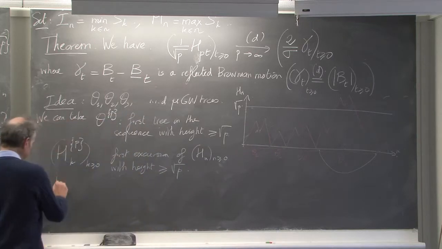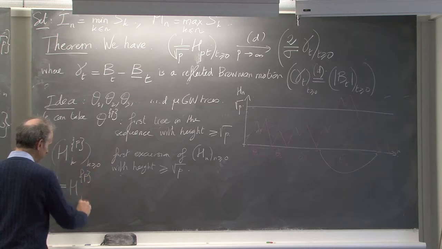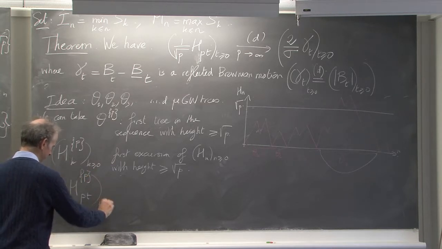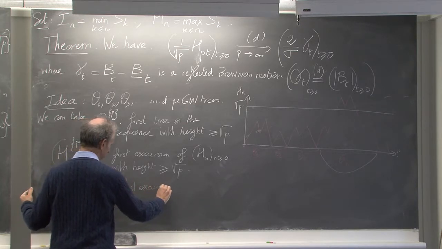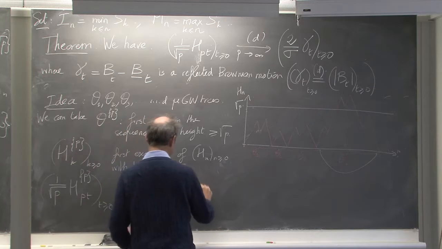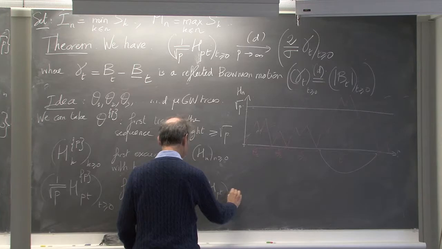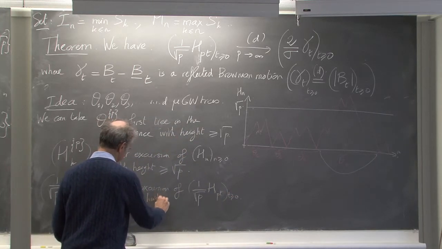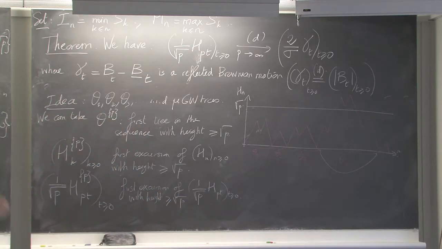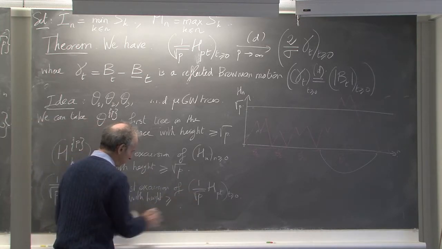So that looks very good. Now you can look at 1 over square root of P. You rescale everything. This is also the first excursion of your rescaled process. So you do the rescaling, multiplying everything by 1 over square root of P, so it will have a height greater than 1 simply.